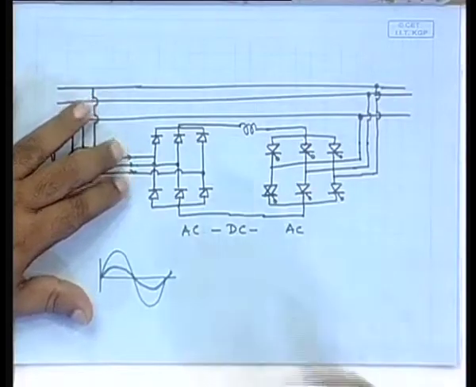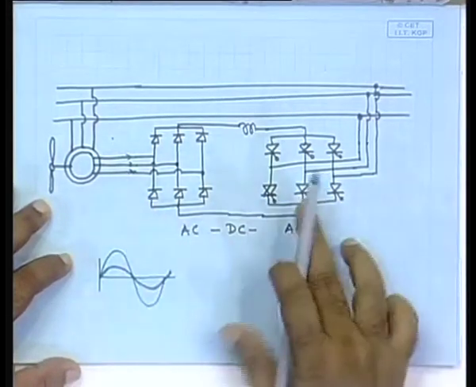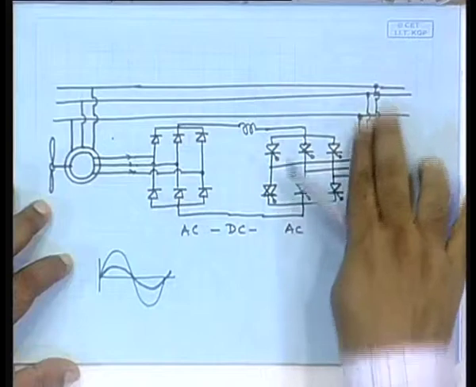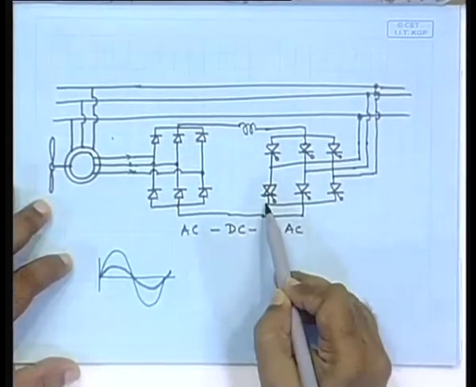And it can be done, because the amount of resistance seen by it depends on the amount of current flowing through it, and the amount of current flowing through it depends on the amount of current being pushed into this side, and that can be controlled by controlling these firings.